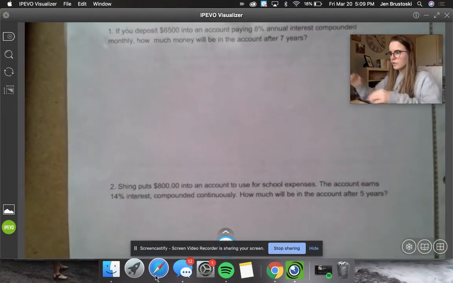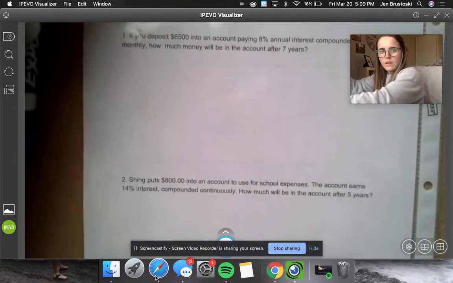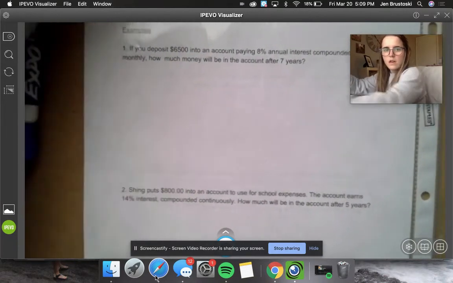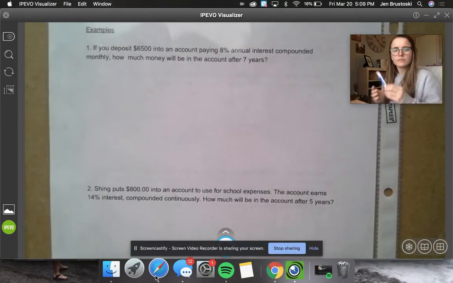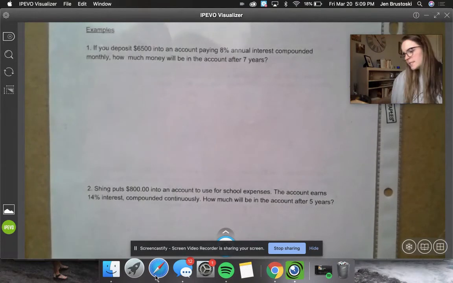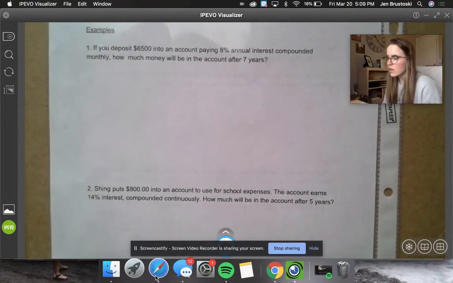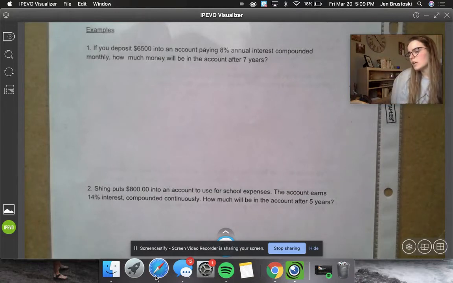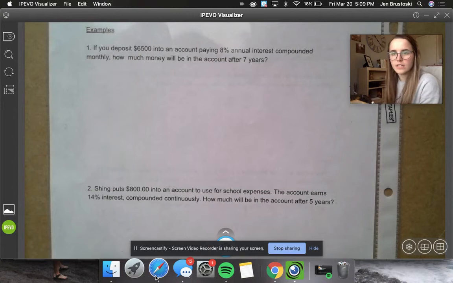All right, so we're going to do 2 examples here. Here we go. If you deposit $6,500 into an account paying 8% annual interest compounded monthly, how much money will be in the account after 7 years?